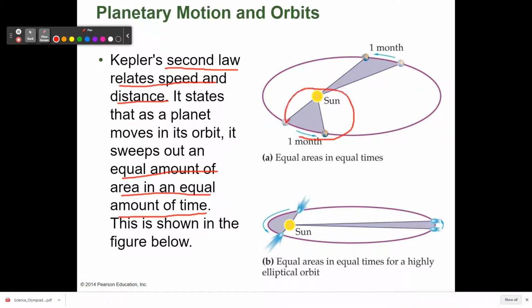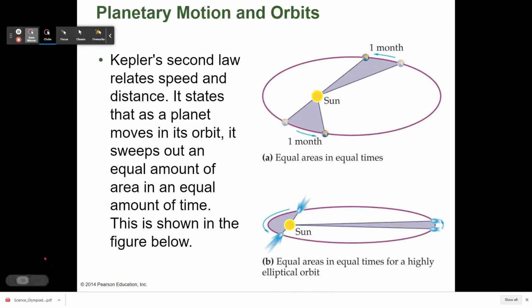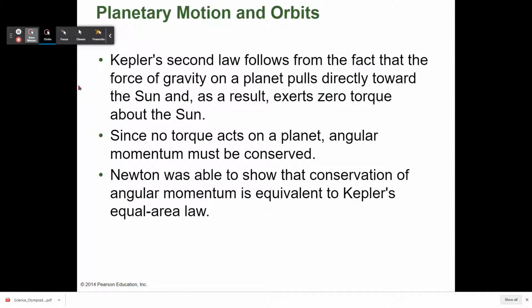If you took the area of that shape, and this is 1 month of time, and you took the area of that shape, then they would be equal to each other. And the same here. So at any span of time, the area of that path is going to be the same. That's Kepler's second law.